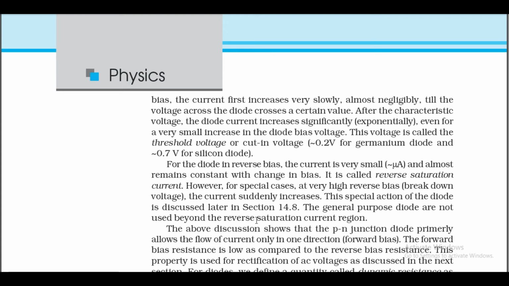It is called reverse saturation current. However, for special cases, at a very high reverse bias, the breakdown voltage, the current suddenly increases. This special action of the diode is discussed later in section 14.8. General purpose diodes are not used beyond the reverse saturation current region.